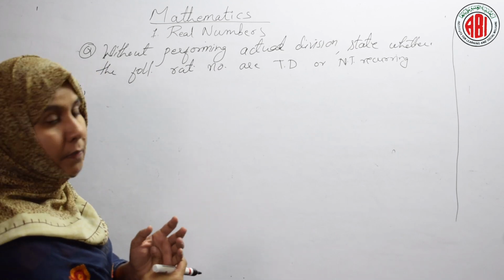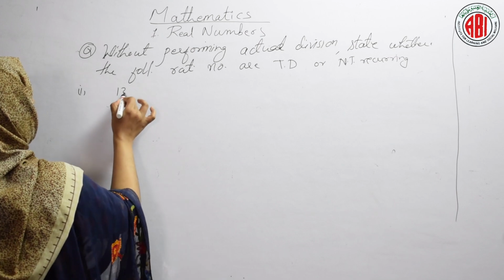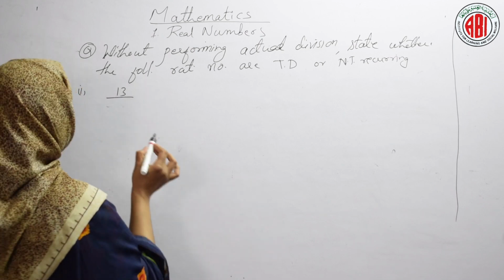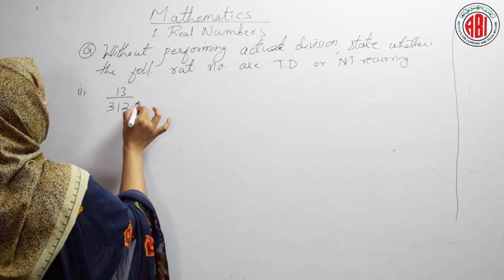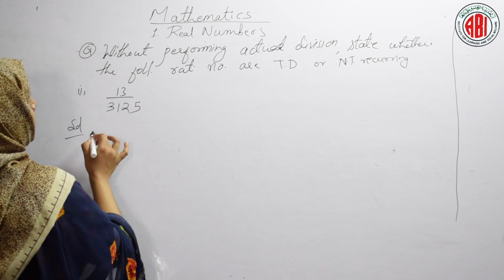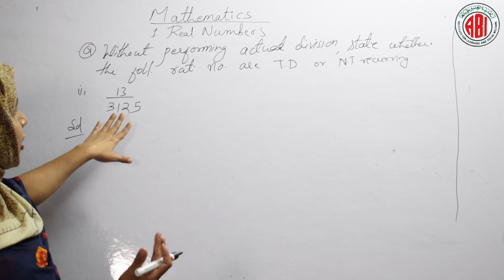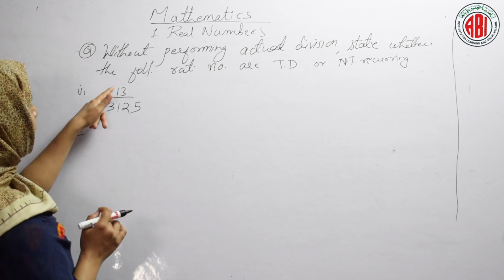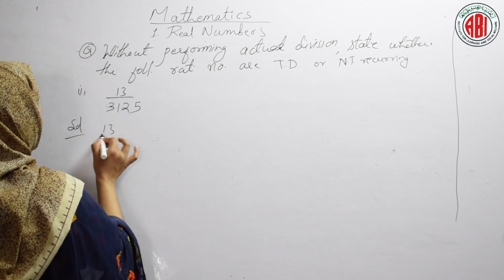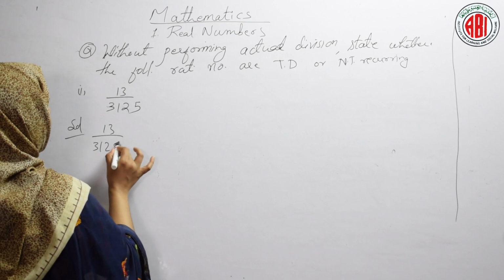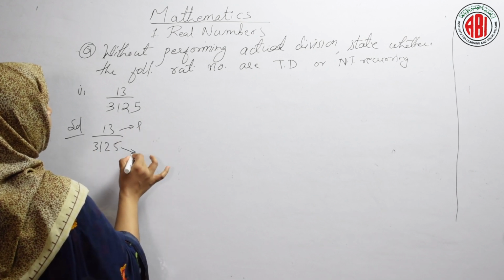Let's have the first problem: 13 by 3125. Previously we have done divisions. Now, without performing divisions, how can we prove it? In p by q, 13 by 3125, this is p and this is q.